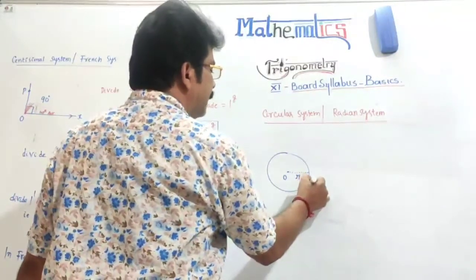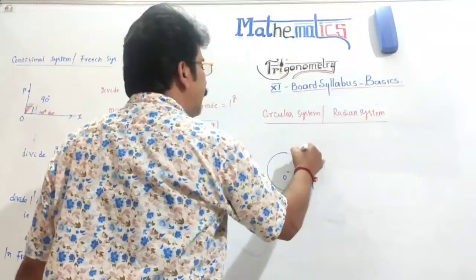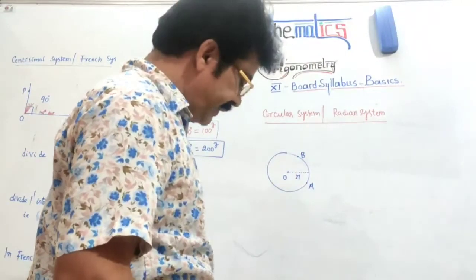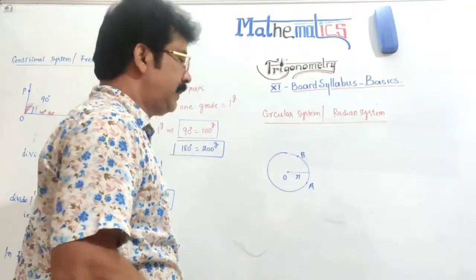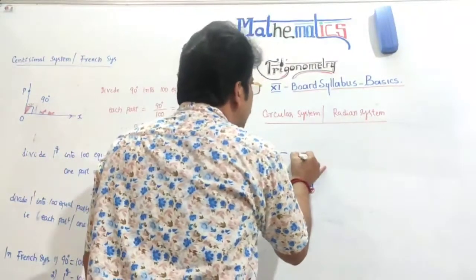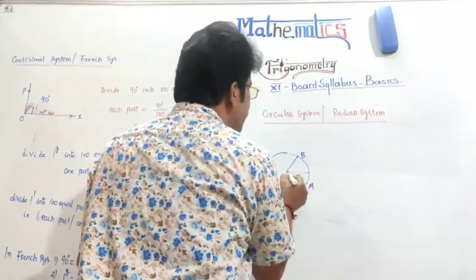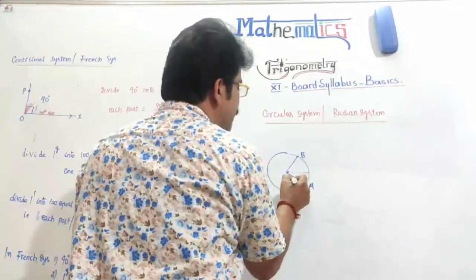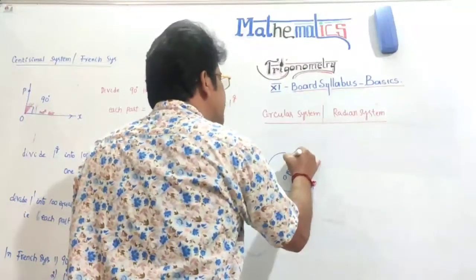Let capital A, comma, capital B be the 2 points on the circle. Then OB is the radius, OA is also the radius. This is the radius, this is the radius.